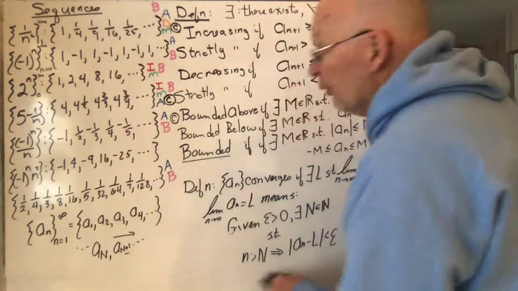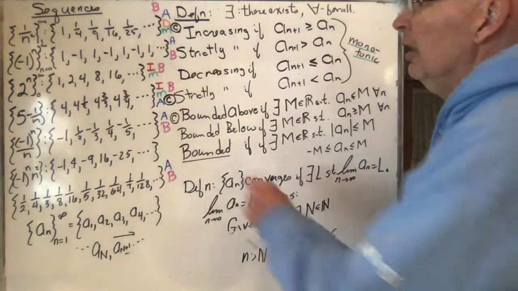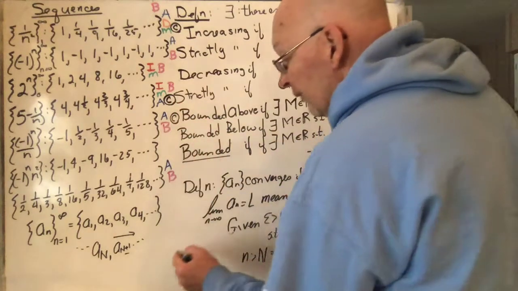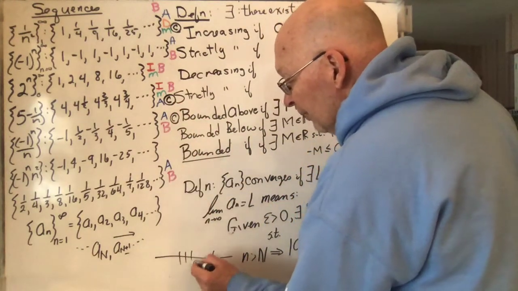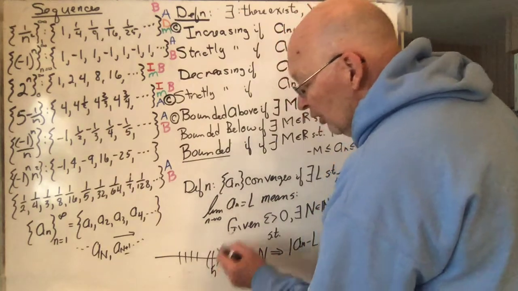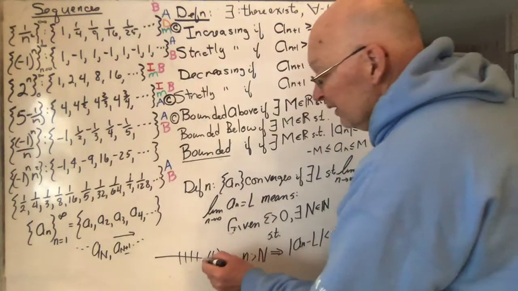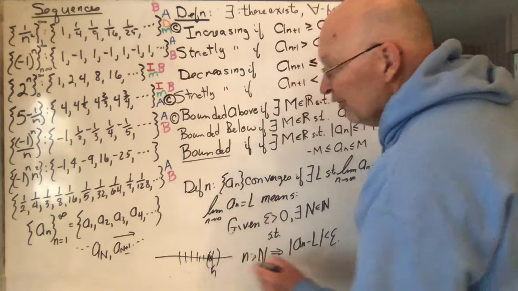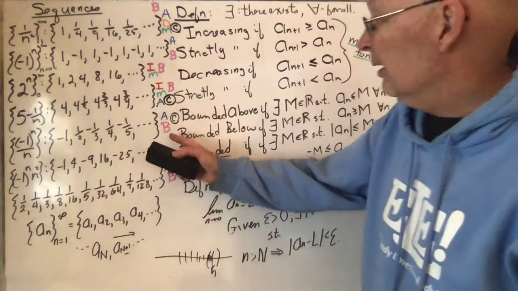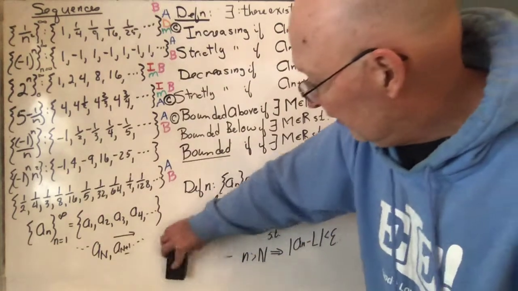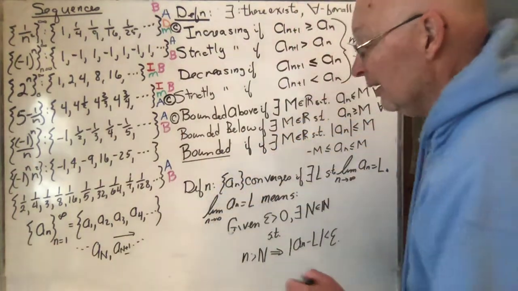Okay, let's look at the other ones that we claimed converged. We claim this one converged to 5. Why is that? Well, here's 5 out here. They're climbing up like this, right? So you give me a little interval around 5, and sure enough, eventually all those things are going to be that close to 5. Okay, we said that this one converged. Let's see if it jives with our understanding.